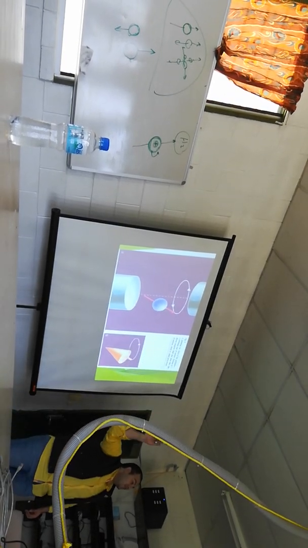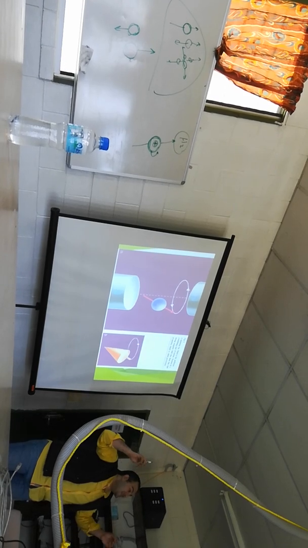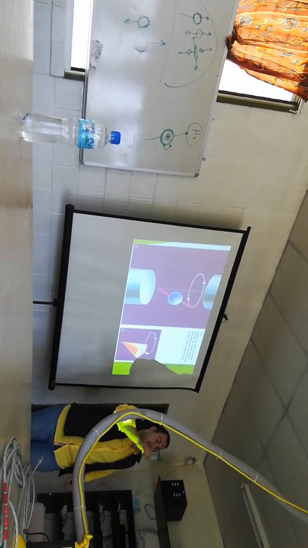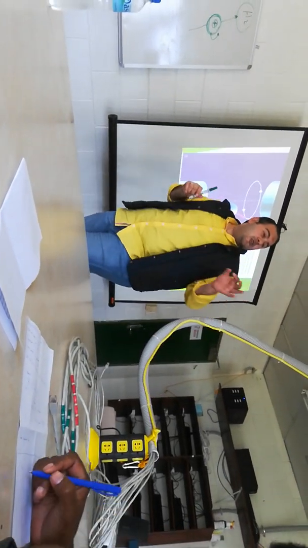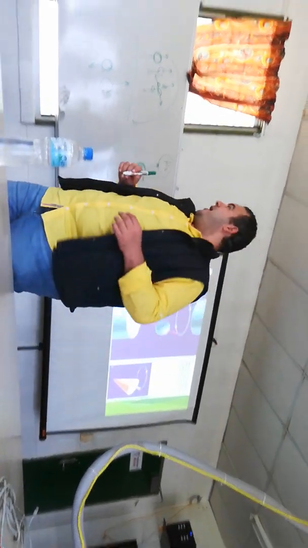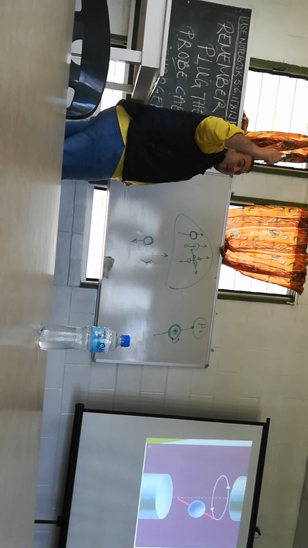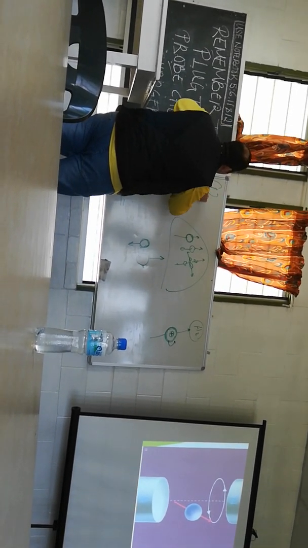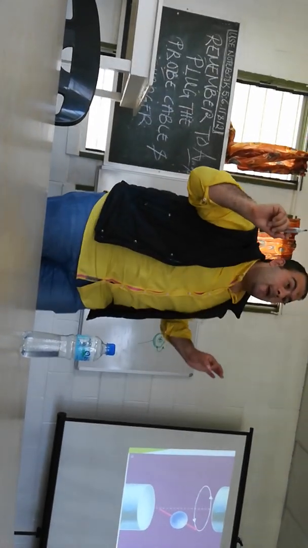This precession speed depends on the external magnetic field. This precession frequency, how many cycles per second, depends on the external magnetic field. Now we have to calculate the frequency of precession, which is omega, is the gyromagnetic ratio, which is a constant, specific for protons and carbon, different materials.